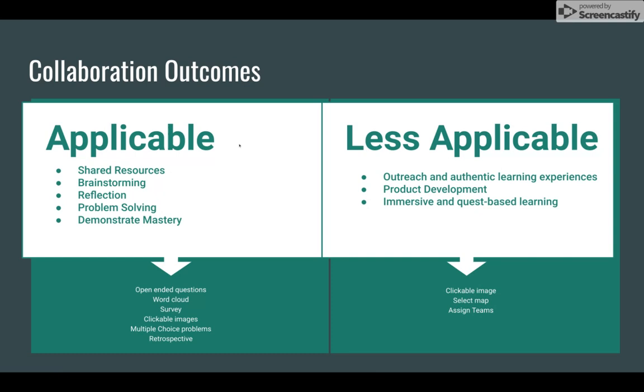As far as collaboration outcomes go, I thought that it was more applicable in some senses and less applicable in others. It's definitely applicable as far as shared resources, brainstorming, reflection, problem solving, and demonstrating mastery go. And these are some of the different features that you could use in order to achieve those.